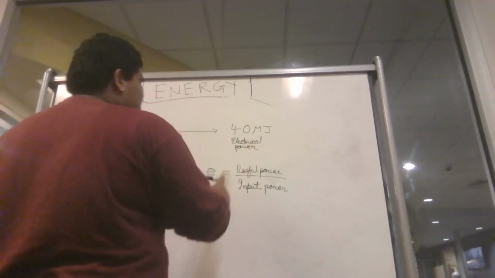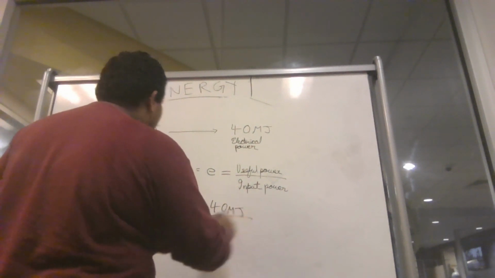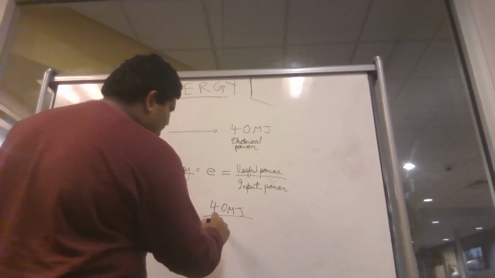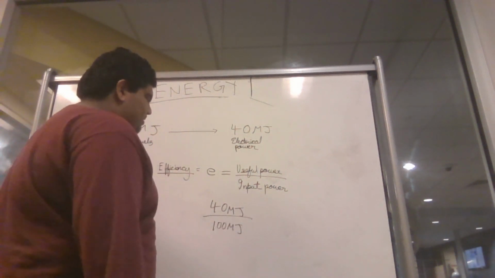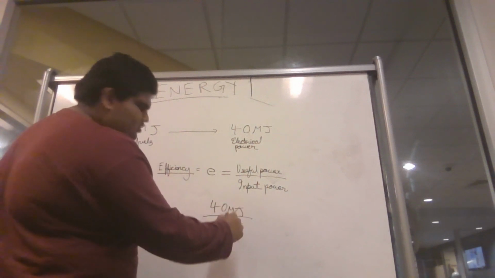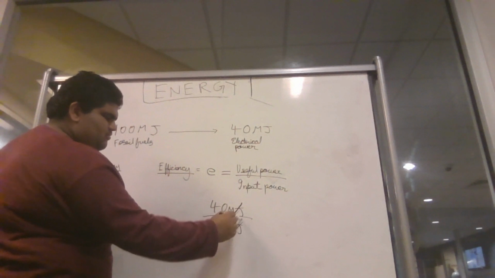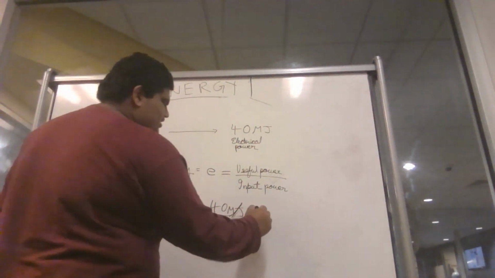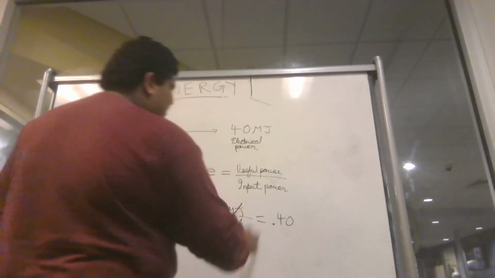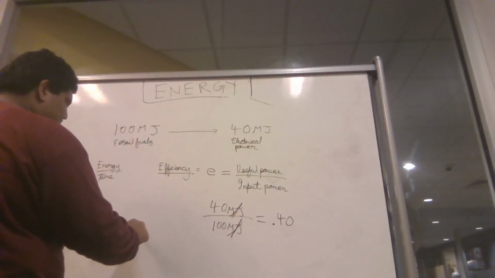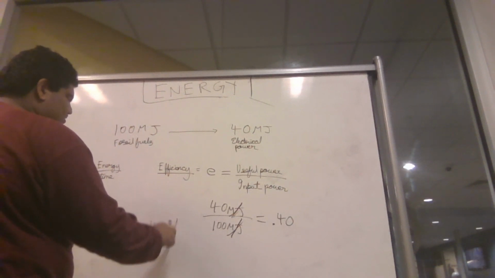We got 40 megajoules of electrical power from 100 megajoules of fossil fuel power. Megajoules cancel, and we get 0.40. That means that the efficiency of this power plant is 40%.